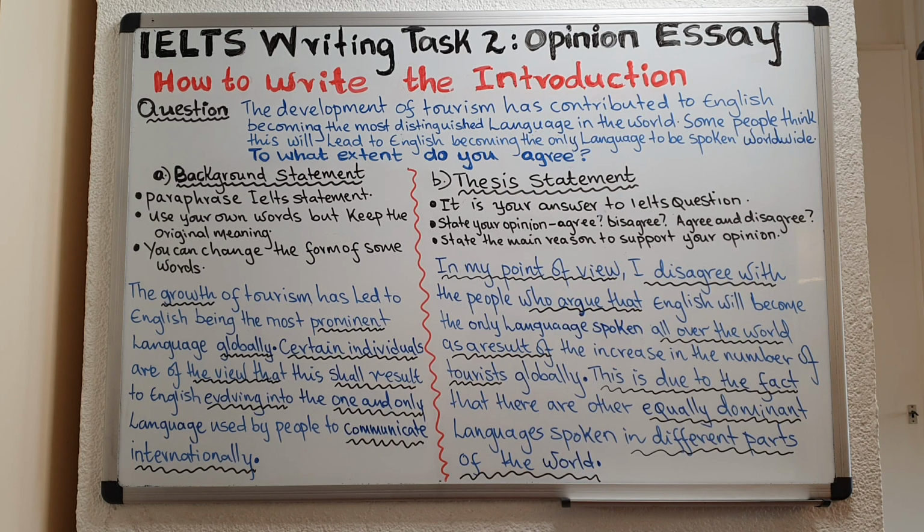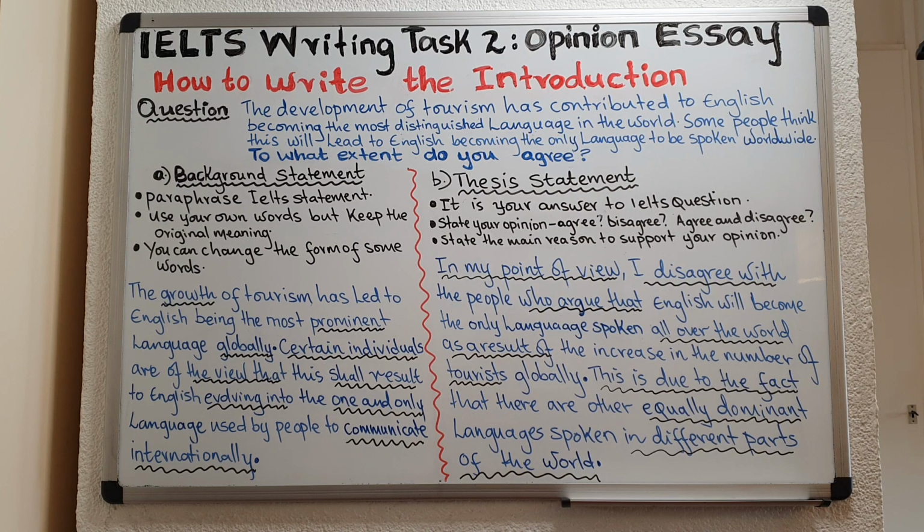We are going to keep the word tourism, because if you change that word, you're going to change the original meaning of the statement, and you're not allowed to do that. So we are going to keep the word tourism, and we are going to keep the word has. Contributed.